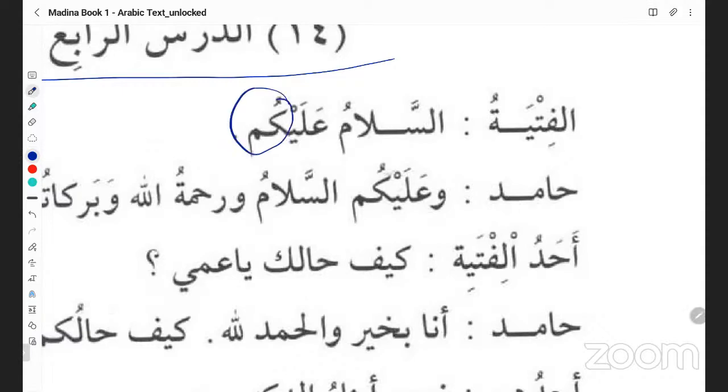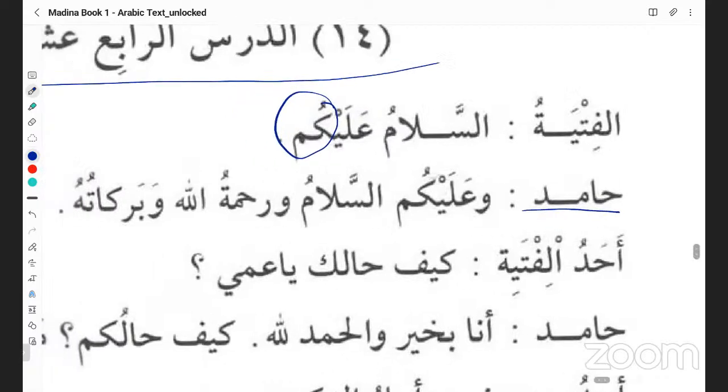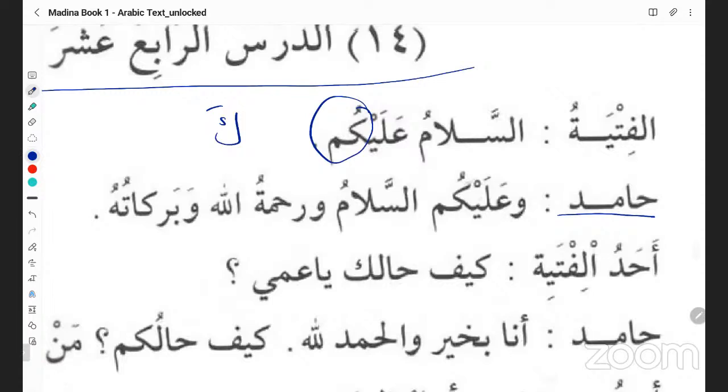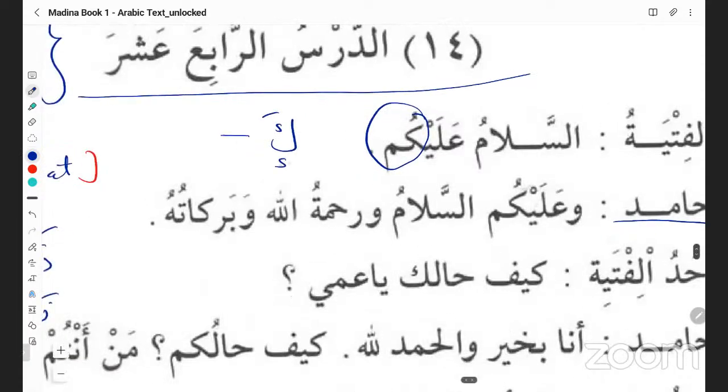We say it because we are greeting the angels that are with the person. Even though Hamid is only one person, with Hamid there are angels, so we are greeting Hamid and the angels. And we know kum is the plural of ka. So ka is singular and kum is the plural.